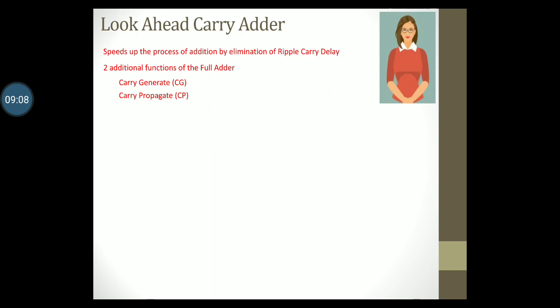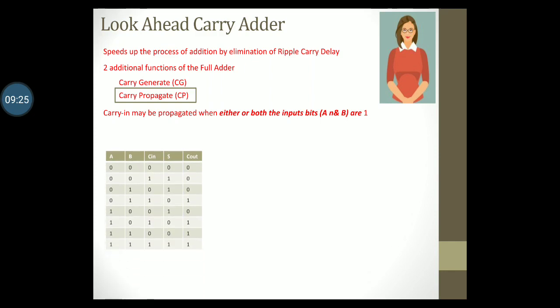Now let's take a look at carry propagate. A carry may be propagated in a full adder when either or both inputs A and B are 1. Based on this definition and using a reference to the truth table of a full adder, we can see carry propagate in these cases.